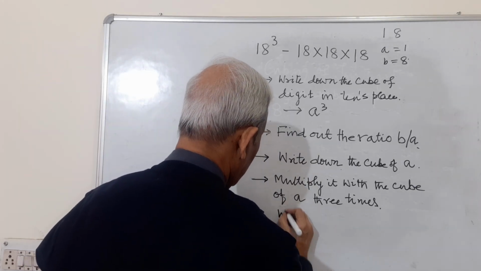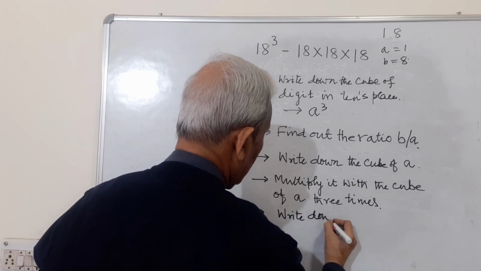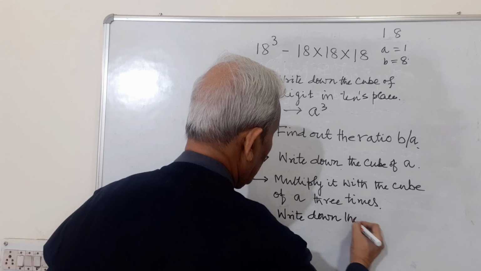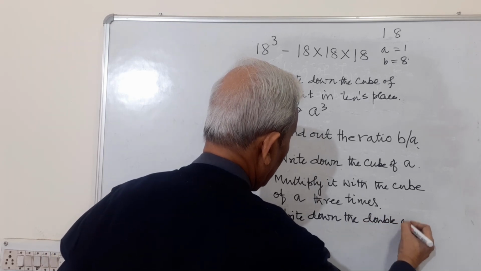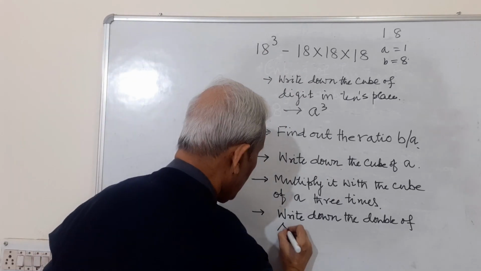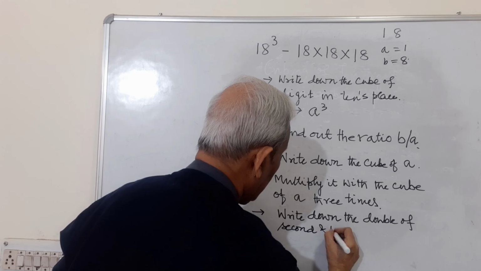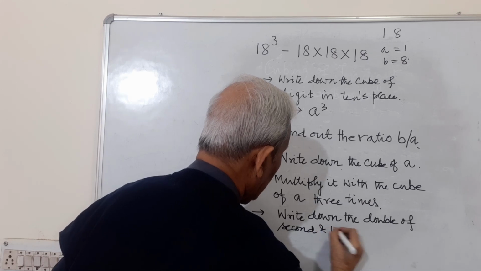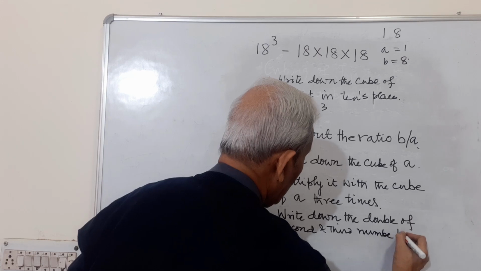Write down the double of the second and third number below.